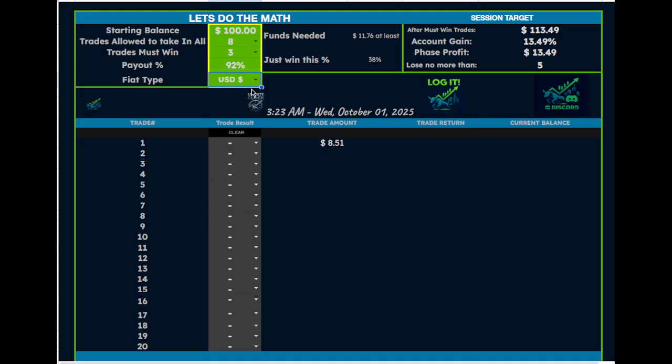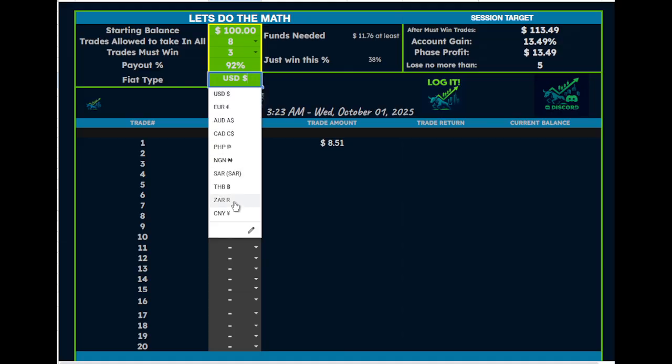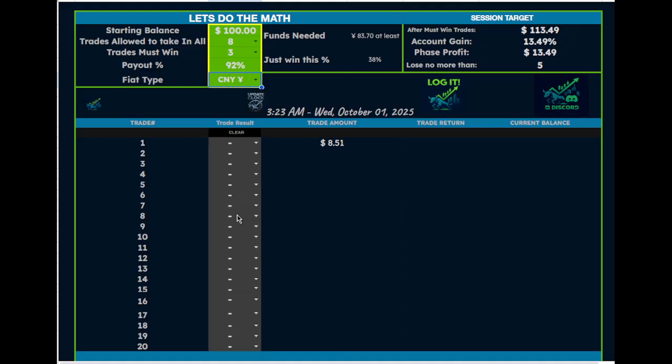All right. So for example purposes, if I were to be using the Chinese yen, everything will update because I am using that particular currency. Even up here where it says funds needed, that is going to update. All right.